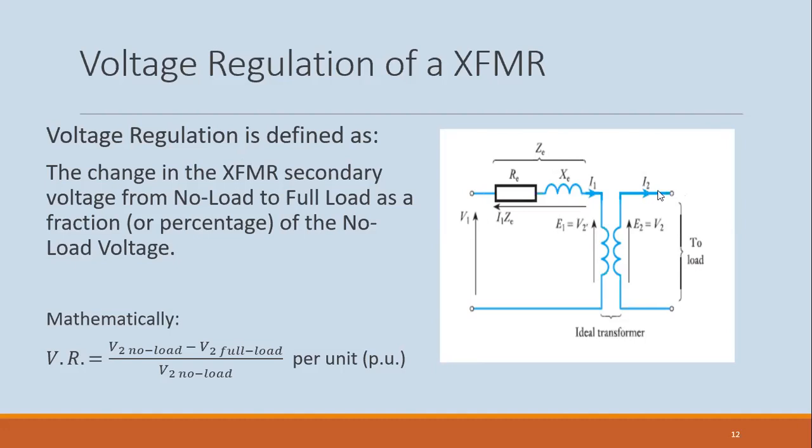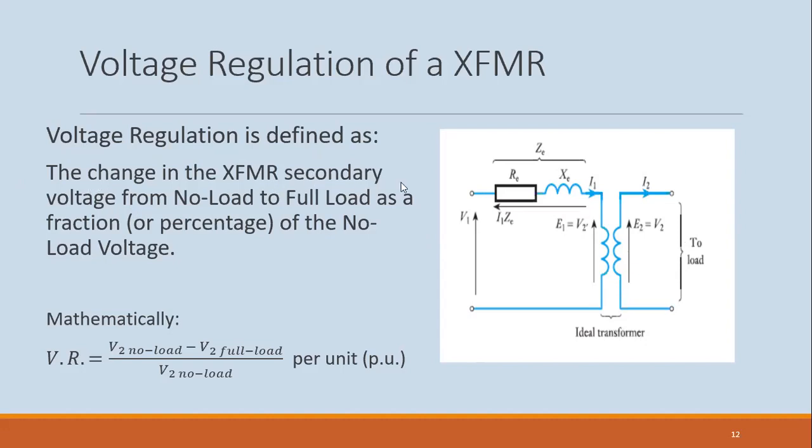At full load, the voltage may fall down to 380. Right? What we want to see is how the transformer will behave under load, how much the voltage will change from no load to full load. And that is the definition for voltage regulation.